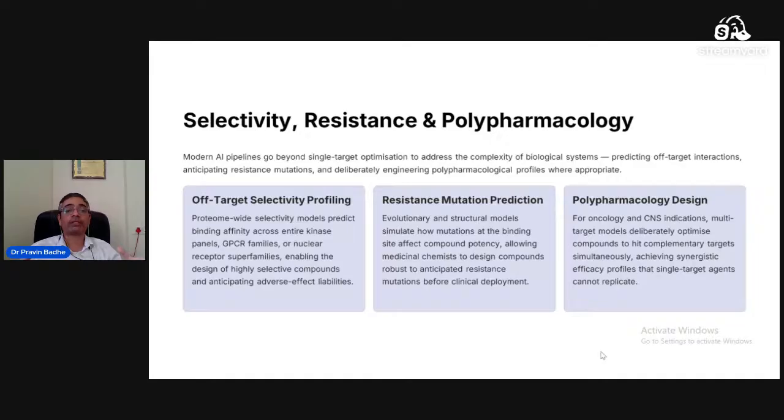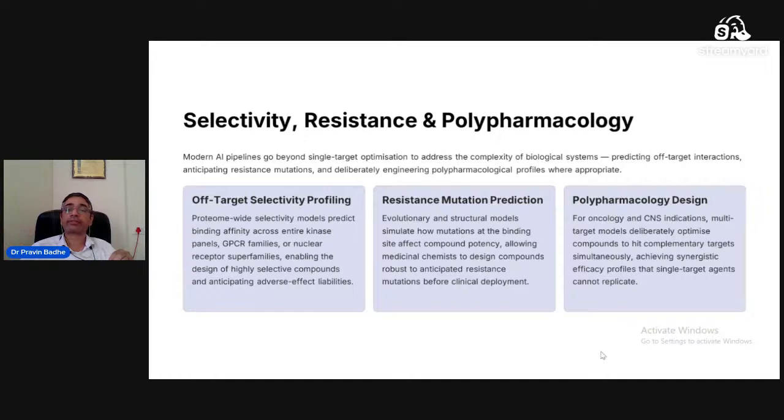I have been working in the drug discovery process for nearly 12 years now, and what we have seen is that many drugs can show off-target effects. So there is a need to go beyond single target optimization when we are addressing a complex disease, and that's what we are doing with cancer.